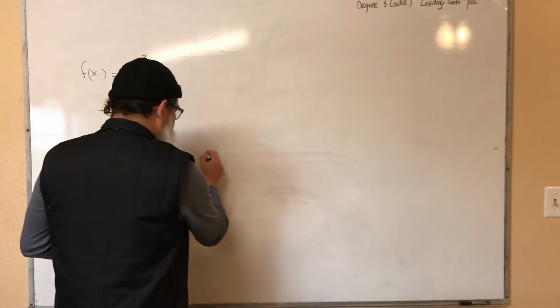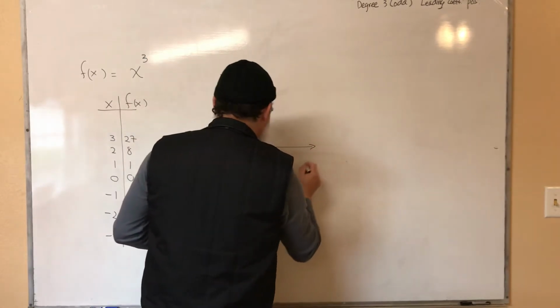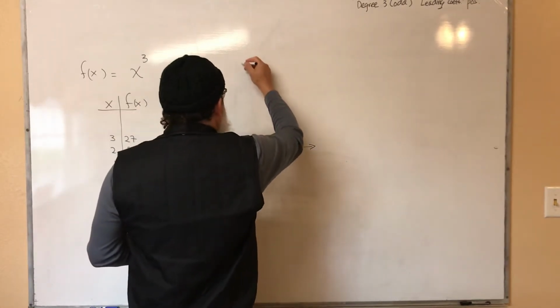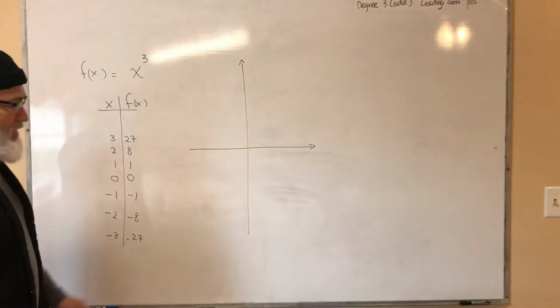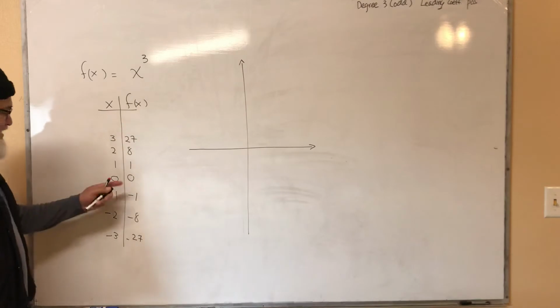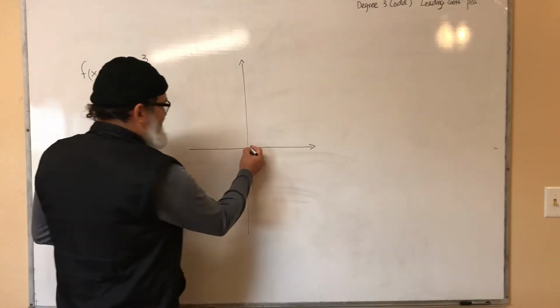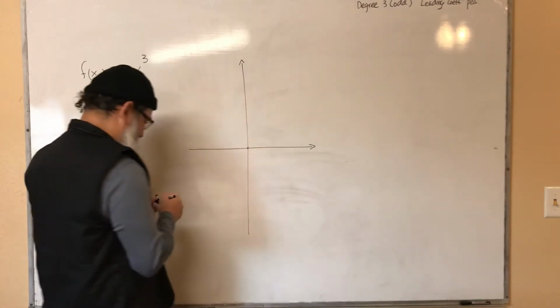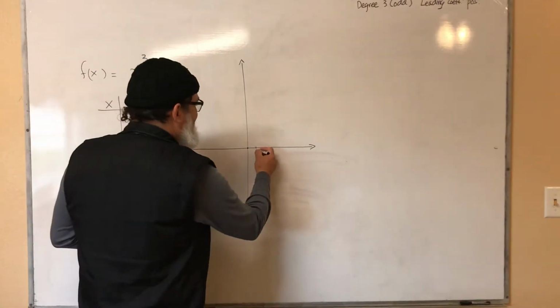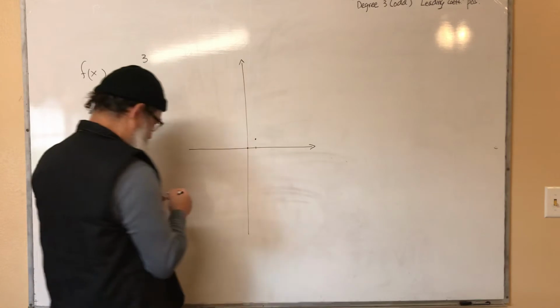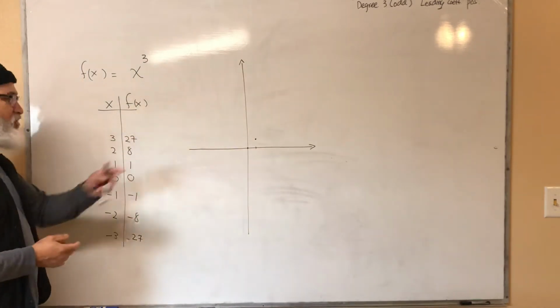Graphing it. 0, 0. There you go. 1, 1. There you go. 2, 8.